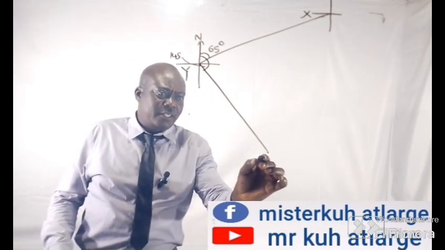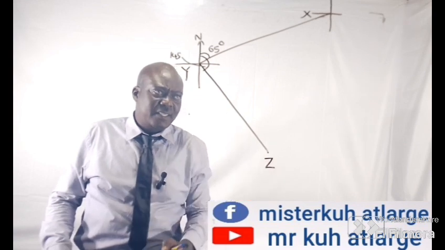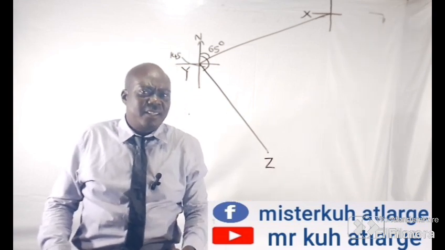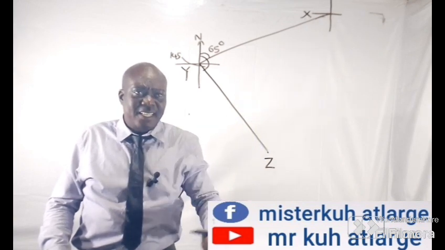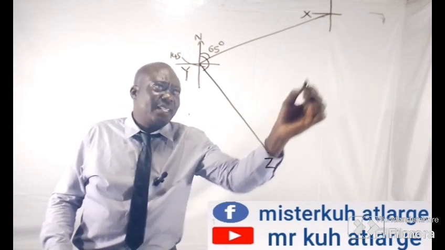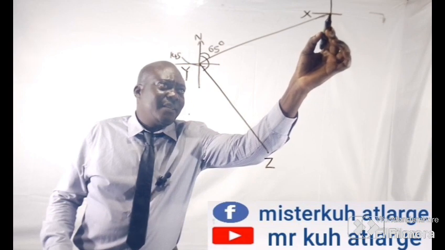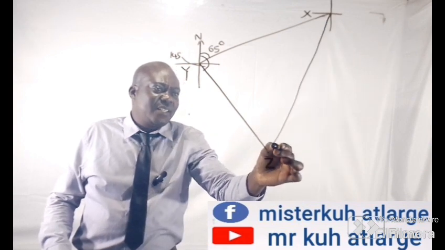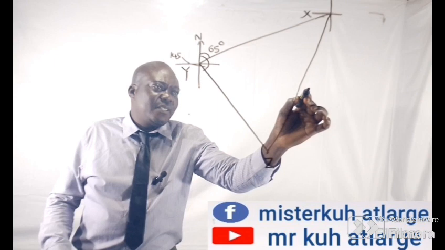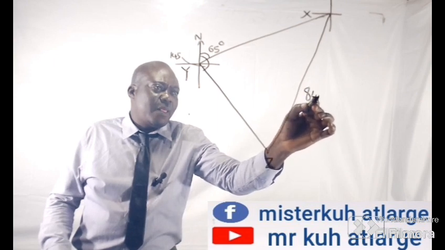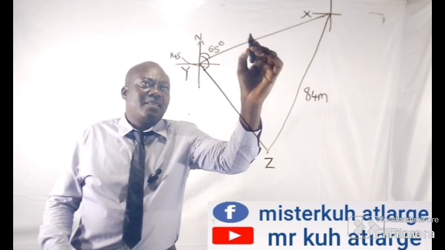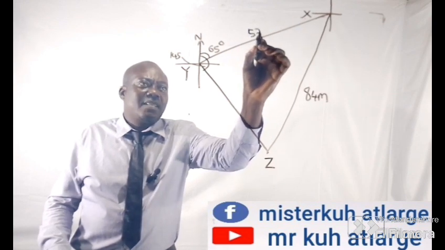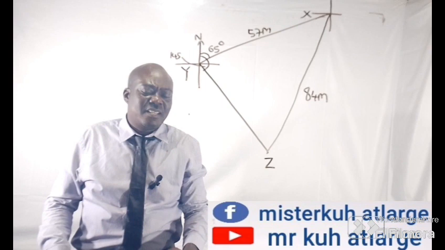This is your z, and the distance from x to z is 84 meters. That means from here, you now join it. So this is 84 meters. And this here is 57 meters.